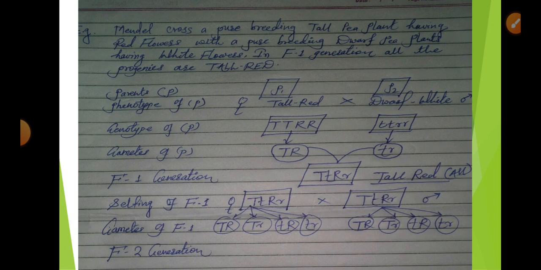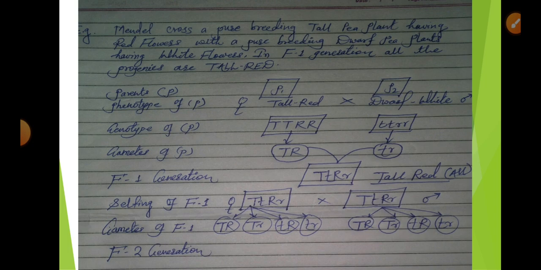Here, we again select two plants, one male and one female, and carry out the cross between those two plants. For the phenotypic character, the dominant characters are tall and red, that means tall height and red color flower, which we also call purple color flower, and dwarf and white are the recessive characters.